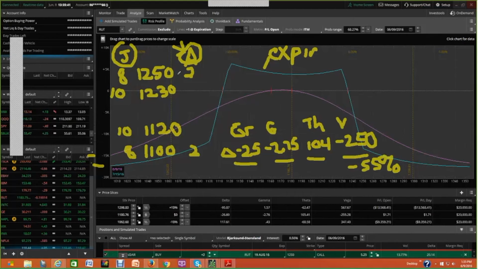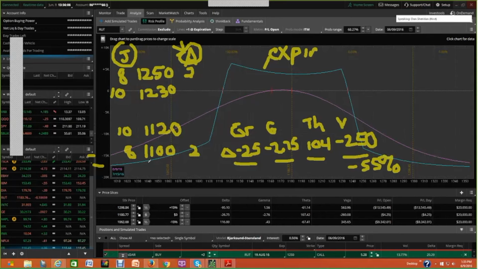Will August 1250 calls cost more than July 1250s? Will August 1100 puts cost more than July 1100 puts? Bing, bing, bing, bing. That's your answer, right? That's it.